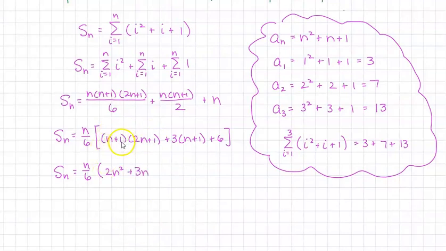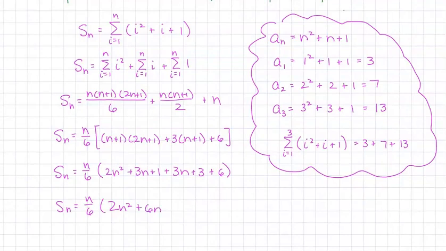And then 1 times 1 is 1. Distribute the 3. All right, let's combine like terms. We have 2n squared, and then 3n plus 3n is 6n. 1 plus 3 plus 6 is 10.